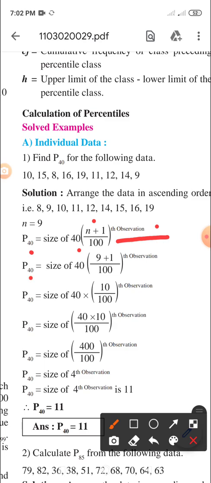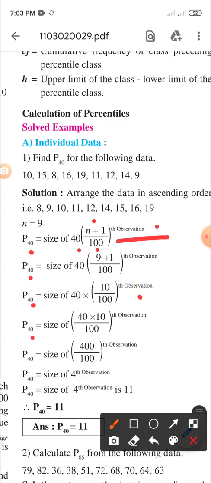So P40 is equal to size of 40 into bracket 9. Why 9? The value of n is 9, plus 1 upon 100 bracket complete observation. P40 is equal to size of 40, 9 plus 1, 10 upon 100 bracket complete observation.